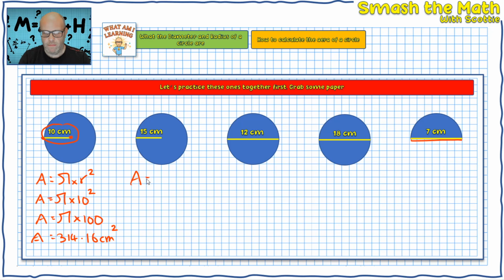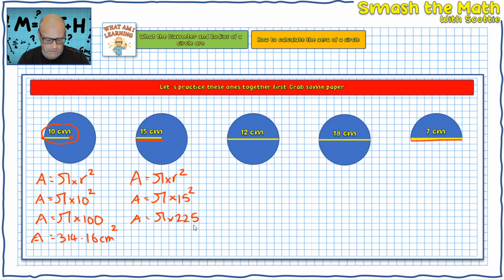So again, write my formula out. Okay? So again, I've got the radius here, which is 15, so I can substitute that in. Pi times 15 squared. This time I'm going to put it in my calculator. So 15 squared, just so you know, if I write this out, is pi times 225.